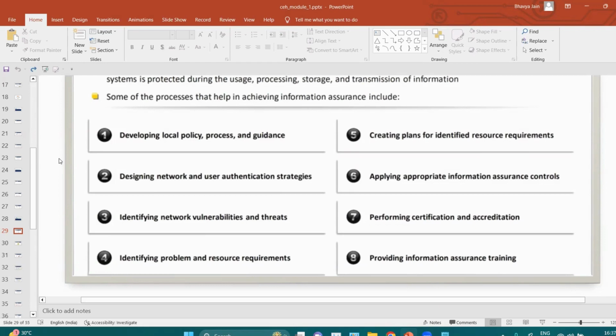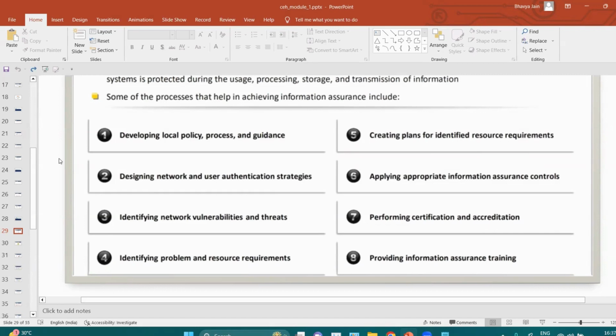So we can design the network in a way so that we can provide the full security there, and then we can apply the user authentication strategies, which is who can access the network, who cannot, who can access the database, who cannot, and also the privileges. Who can access this much resource, etc. Who has higher privileges, who has low privileges, etc.